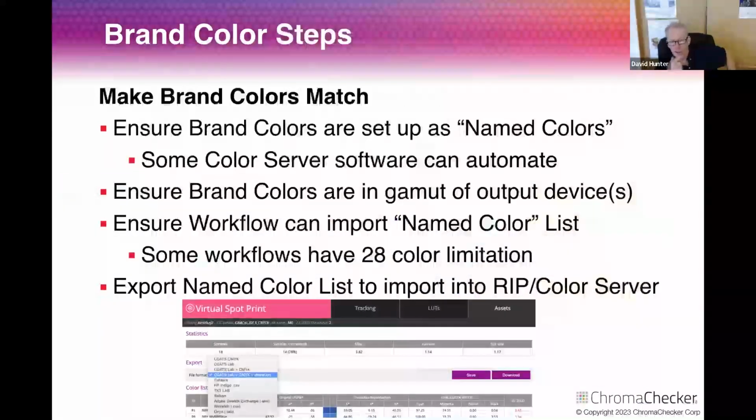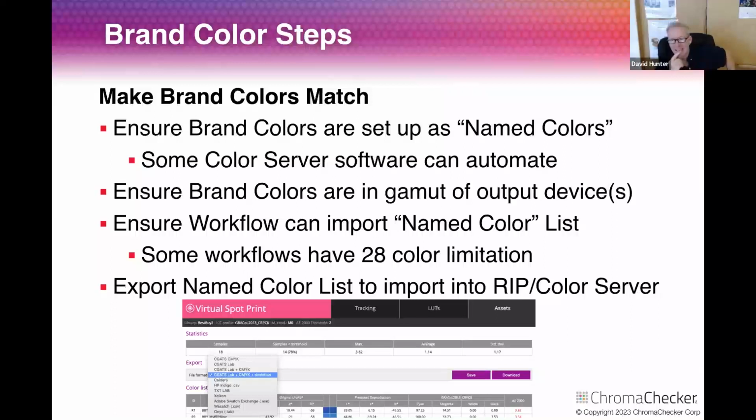So in the brand color steps, number 1, you want to make sure your brand colors are set up as named colors. And then you need some sort of way to automate these named colors, so that we're working with a customer right now who has their brand color is really important, but all their brand logos are defined in CMYK.